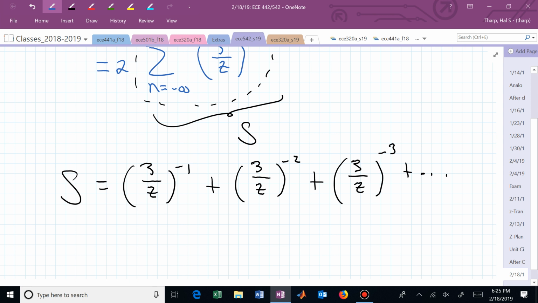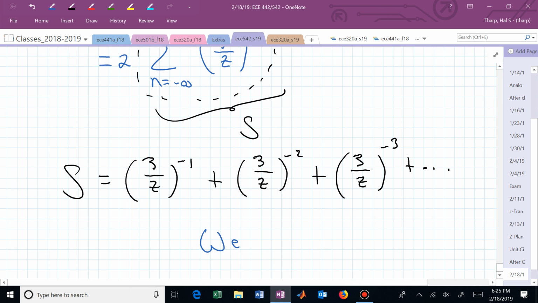Now I have something that I'm inverting and summing. And that something is in the basement of this sum. So I have 1 over 3 over z, plus 1 over 3 over z squared, plus 1 over 3 over z cubed. What do I need 3 over z to be in order for that sum to be well behaved, or for S to be bounded, or to be a finite value?